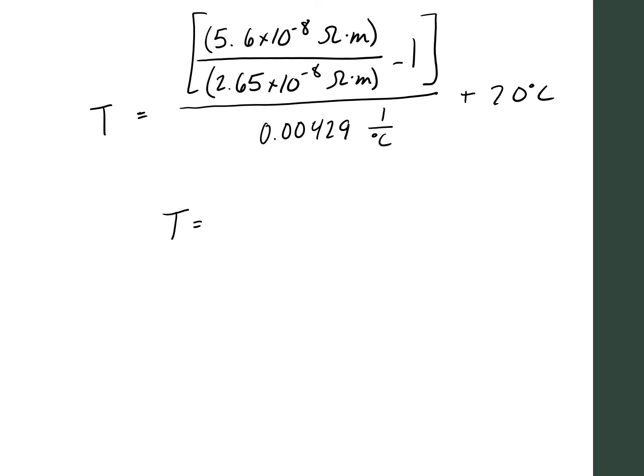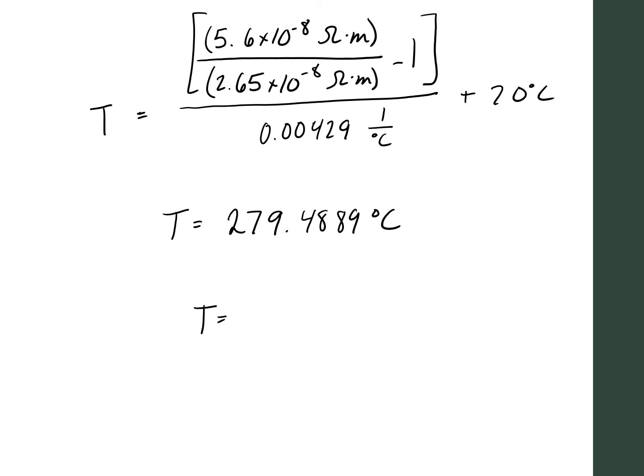Once we plug all of our numbers into the calculator, assuming I've done this correctly, I got 279.4889 degrees Celsius. I want to round this. Based on the question, I was just told 20 degrees Celsius, and I'm assuming that's exactly 20 degrees Celsius, so I want 2 significant figures.